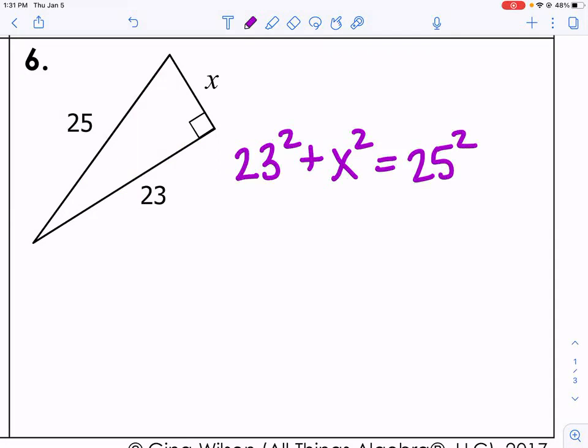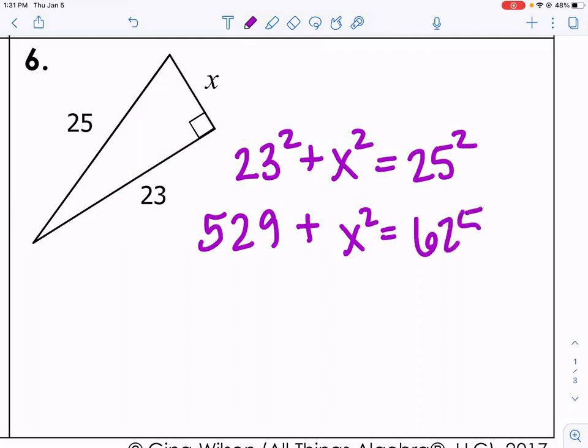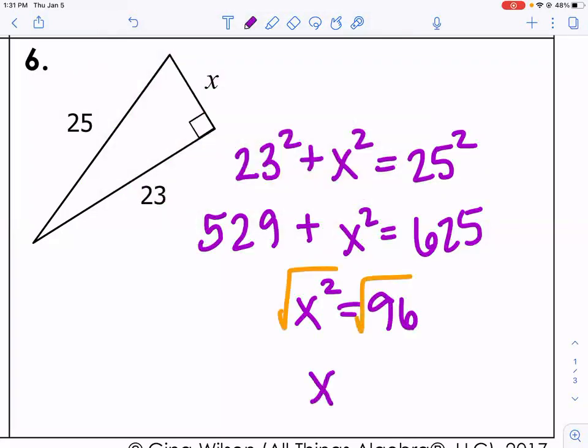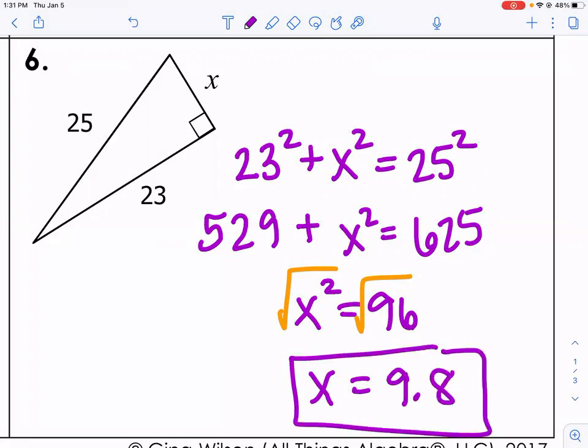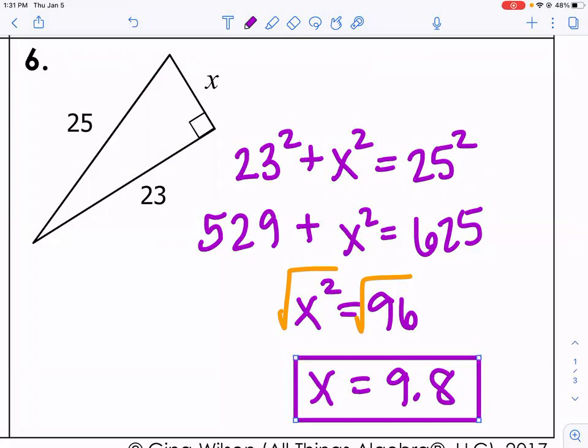What's 23 squared? 529. And 25 squared is 625, right? Okay. So when I subtract 529 over, we get x squared equals 96. Oh, that's no bueno because 96 is not a perfect square. What does the square root of 96 approximate to? I like that she went to 9.8. You end up getting 9.77. So if we're rounding to 1 decimal place, we need to round that up to 9.8.